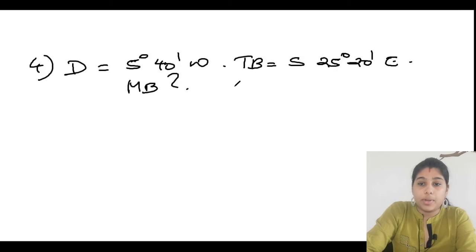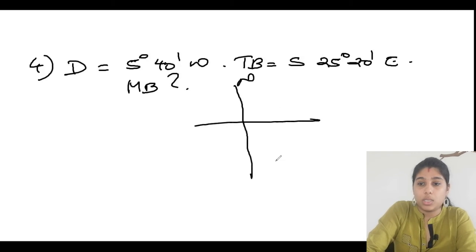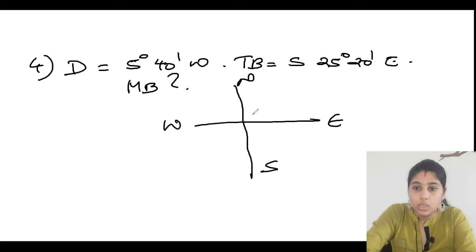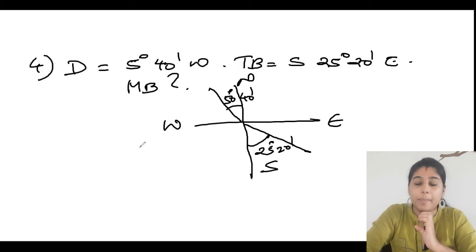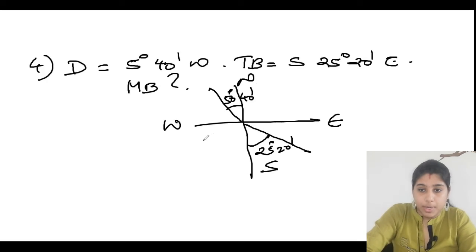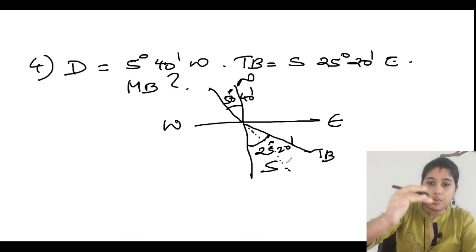This is given in terms of north, south, east, west. So what is given? South east, 25 degrees 20 minutes, and the declination is 5 degrees 40 minutes. Either you can do it in the second way, converting it and finding the magnetic bearing, or you can use the method I explained. Already this is the true bearing. The magnetic bearing was here, and it has moved from here as it was WDD.